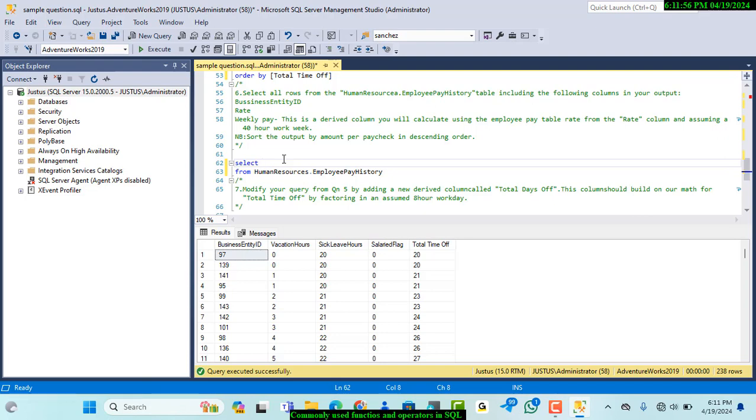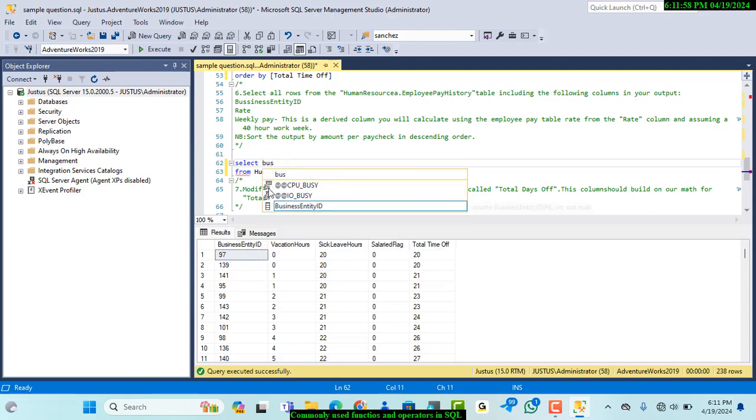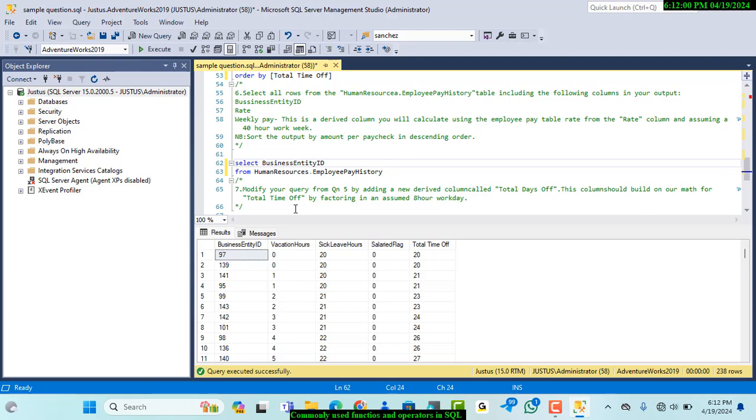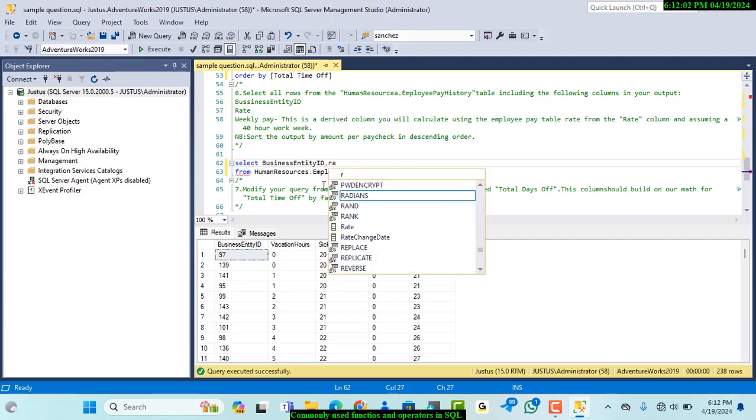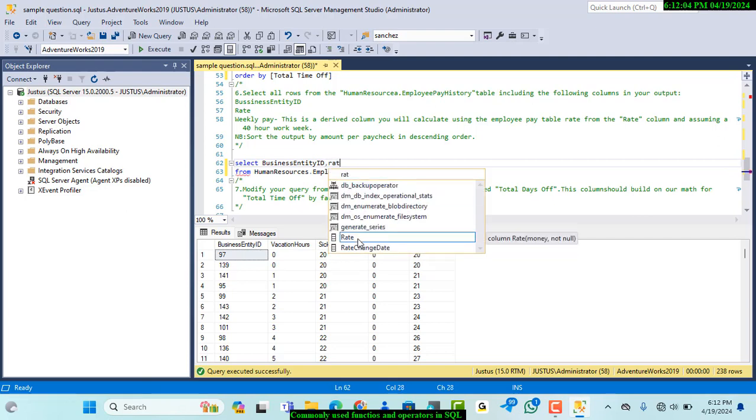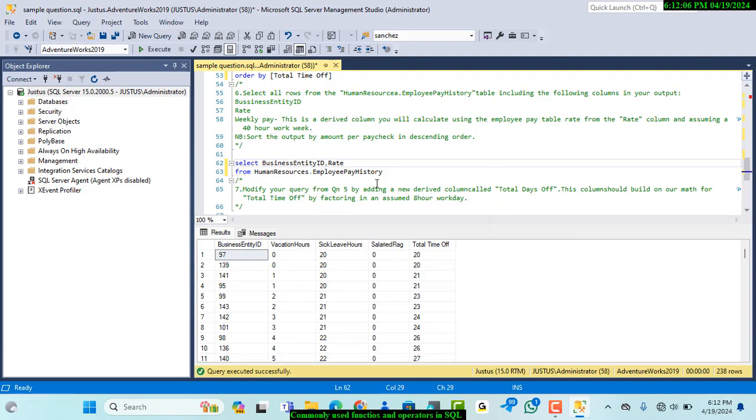I'm going to select the business entity ID. I also need to select the rate. So the two will give us the output.